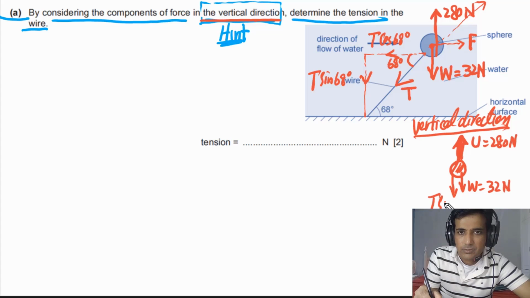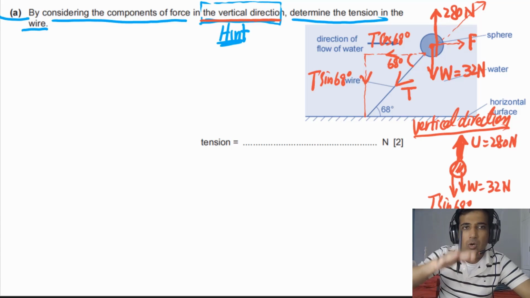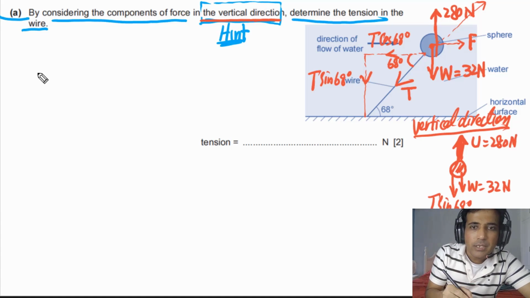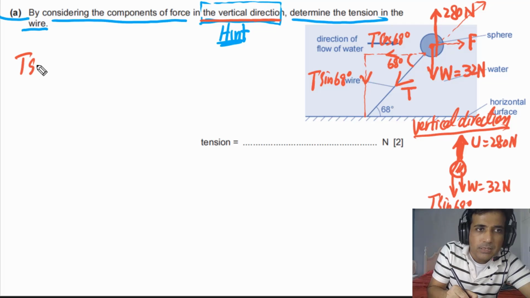The sphere is not moving along the vertical, not moving up and down. It simply means that T sine of 68 degrees plus W is equal to upthrust, or you can say downward forces are equal to upward forces.